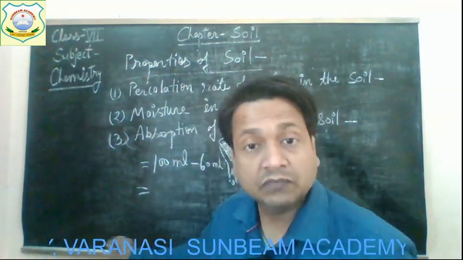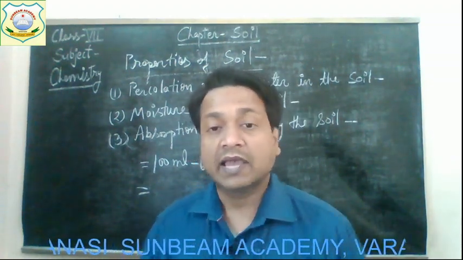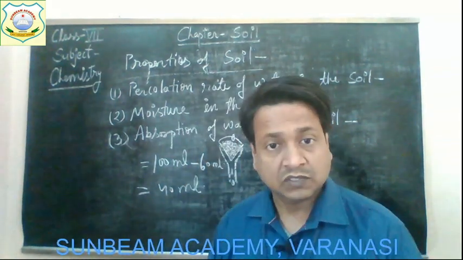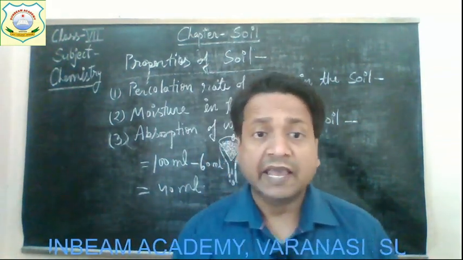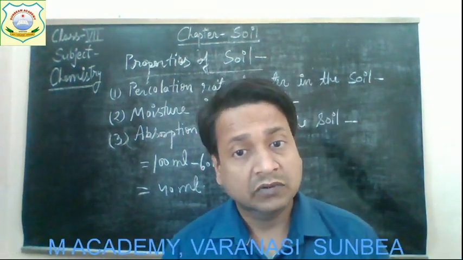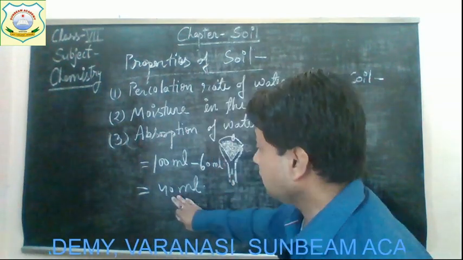So the water which is absorbed by the soil is 40 ml. Alright, children. And as you know, 1 ml of water weighs 1 gram. Okay, so the weight of water absorbed by the soil is 40 grams.